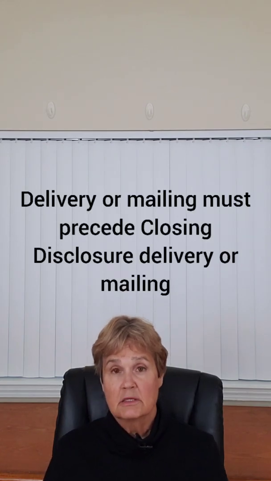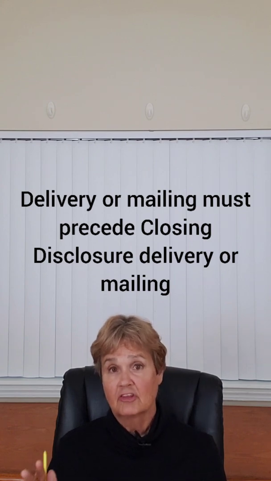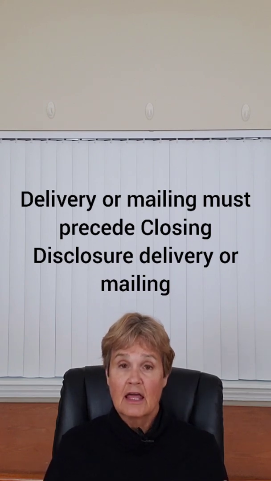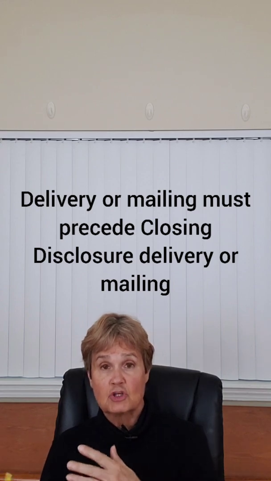Delivery has to precede the closing disclosure that we're going to talk about. So maybe you had a last minute change and the final settlement statement has already been sent out. Okay, this loan estimate has to come before the final closing disclosure.